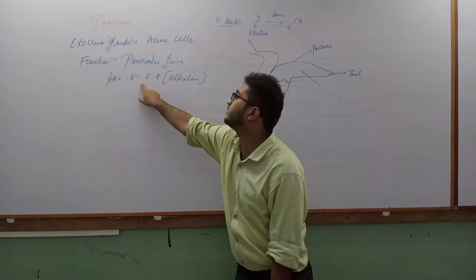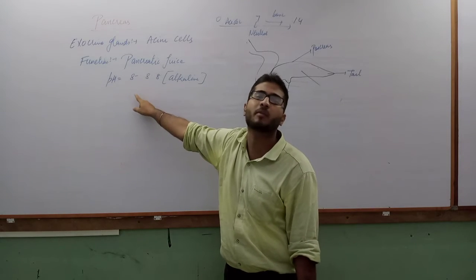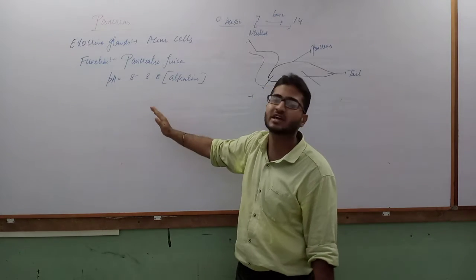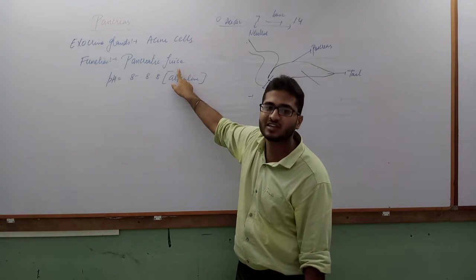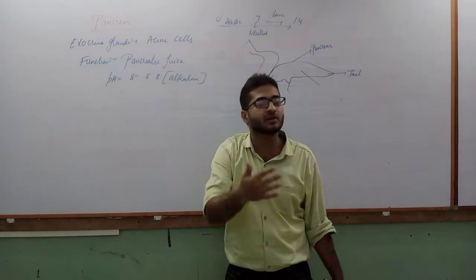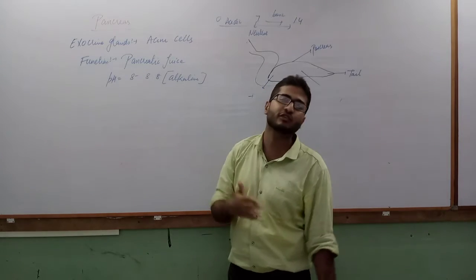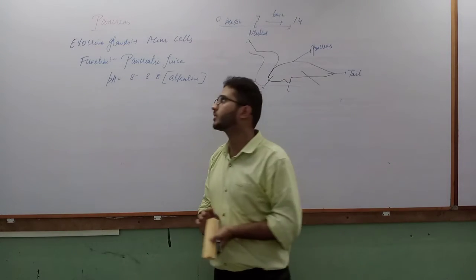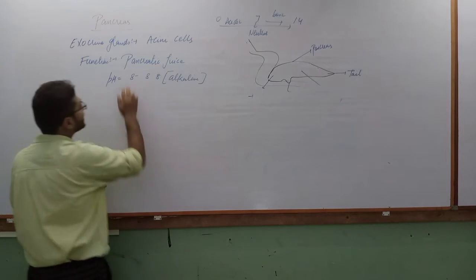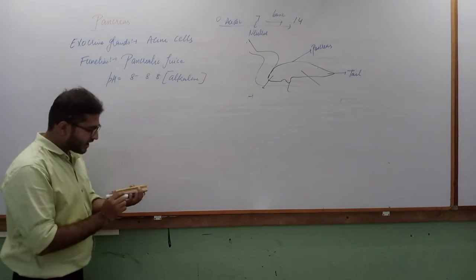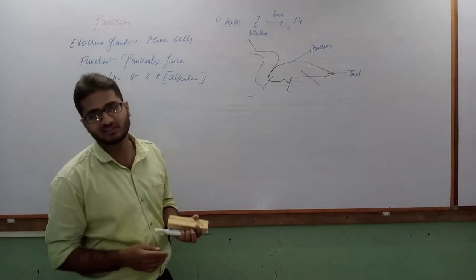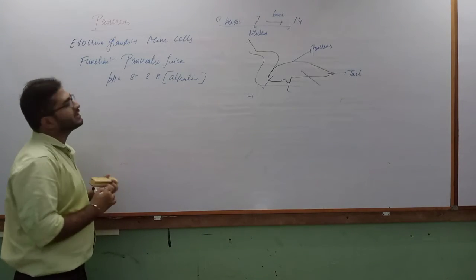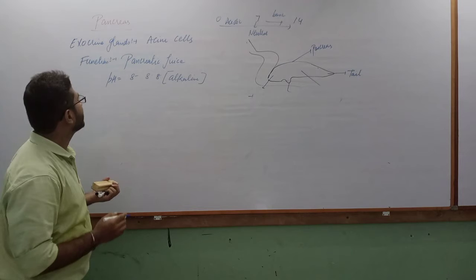They require a pH above 7, and that pH is provided by pancreatic juice. So it acts as a kind of neutralizing effect against the acidic food coming from the stomach. The function is to secrete pancreatic juice, and this helps in the digestion of proteins, fats, like that. This is about the exocrine part of the pancreas.